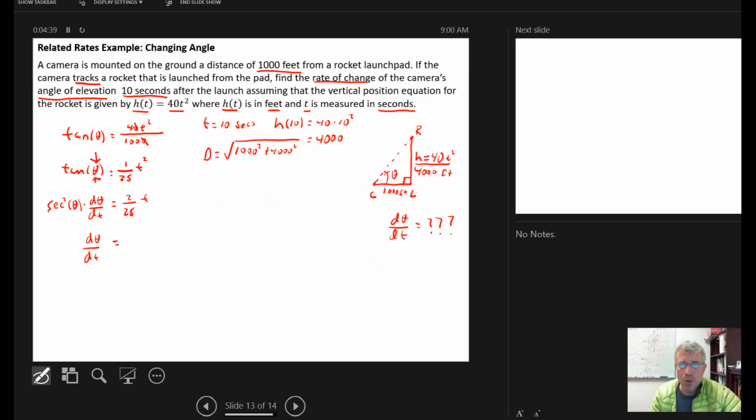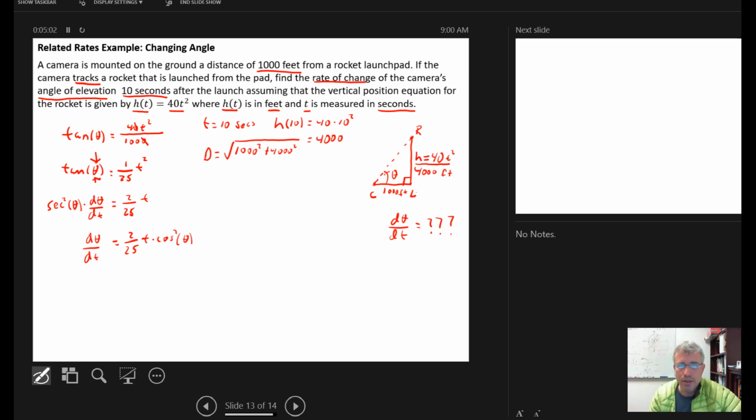So we just need to multiply both sides of the equation by the cosine squared, because cosine squared times secant squared equals 1. Cosine and secant are reciprocals, and multiplying by a reciprocal gives you 1. So we get 2/25 times time times the cosine squared of theta is d theta dt.